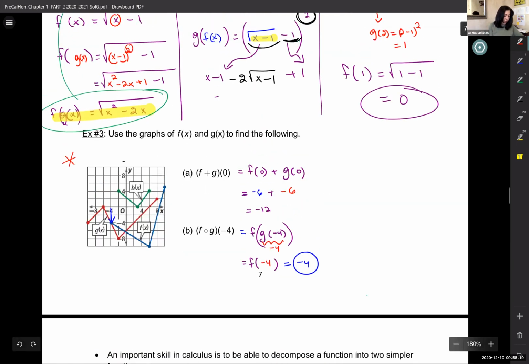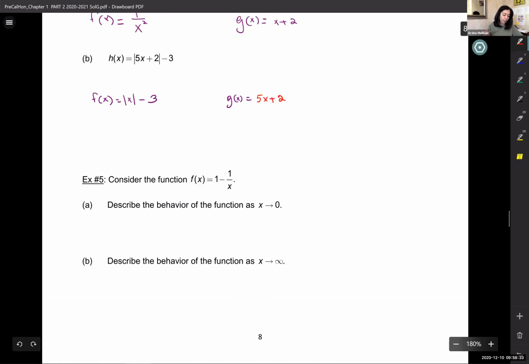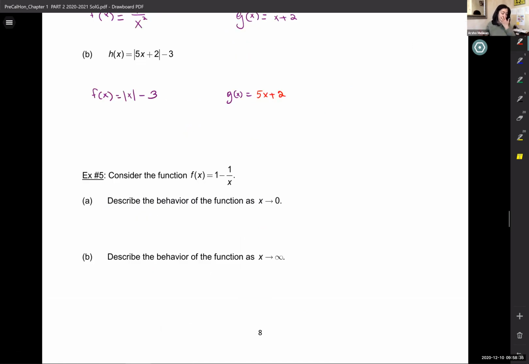Here, when I had to find f of -4, I needed to pinpoint the exact value of the function. That's not a limit. A limit is, what is the trend? That's the limit.